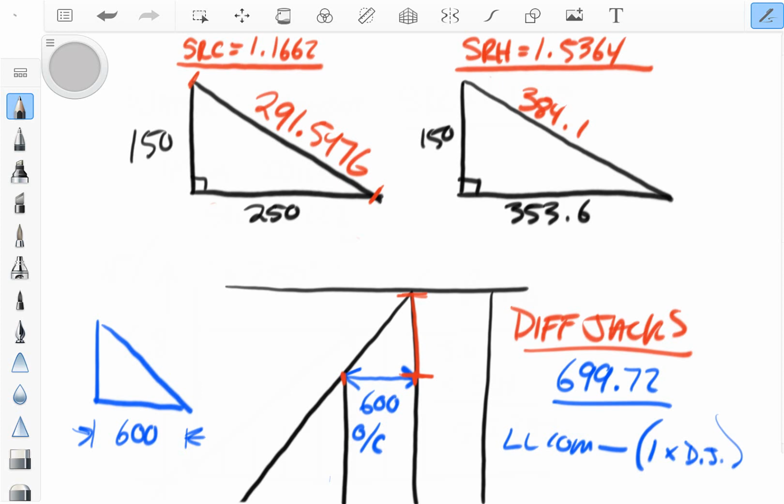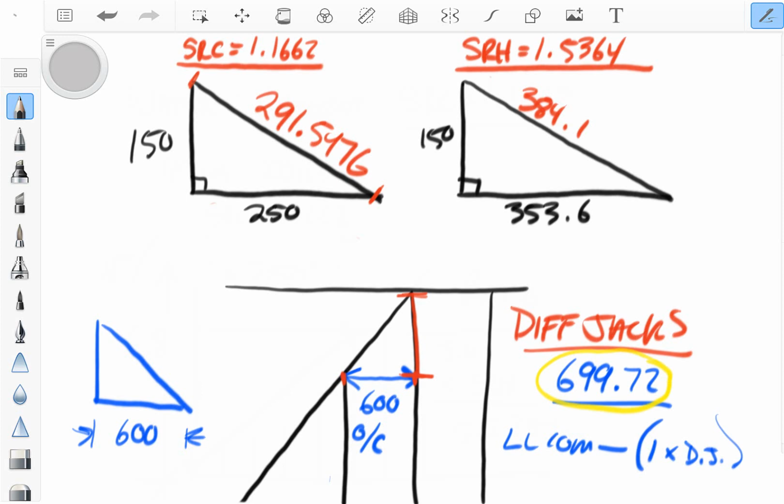That gives us the line length of our first jack rafter. One thing to keep in mind is that we're now using our 600 on center as a full unit. So 1 unit of spacing means we decrease the line length of our common rafter by 699.72 for 1 space.